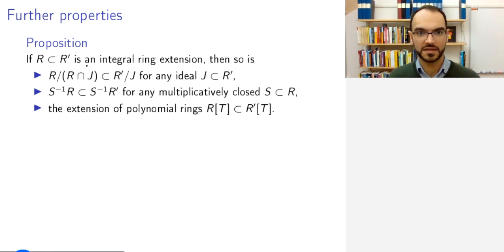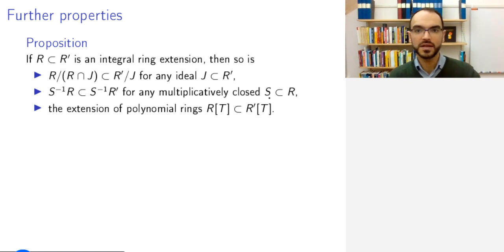If you have an integral ring extension, and you take an ideal J in the bigger ring, then its intersection with the smaller ring is an ideal in that smaller ring. And so R prime mod J is a ring extension of R mod R intersect J. And this ring extension is again integral.